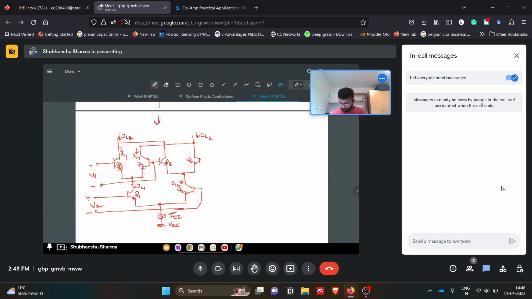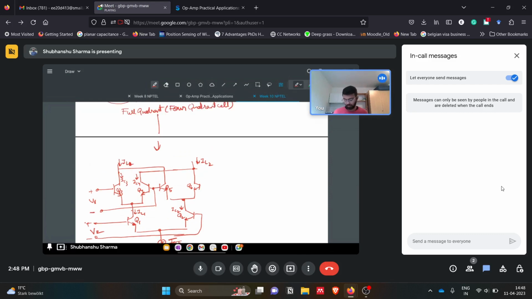So using this, just for the knowledge, if we talk about the IC3 current, it will be IC1 upon 1 plus e to the power minus V1 by Vt. Similarly, IC4 will be IC1 divided by 1 plus e to the power V1 by Vt, where IC1 is the emitter current for IC3 and IC4.